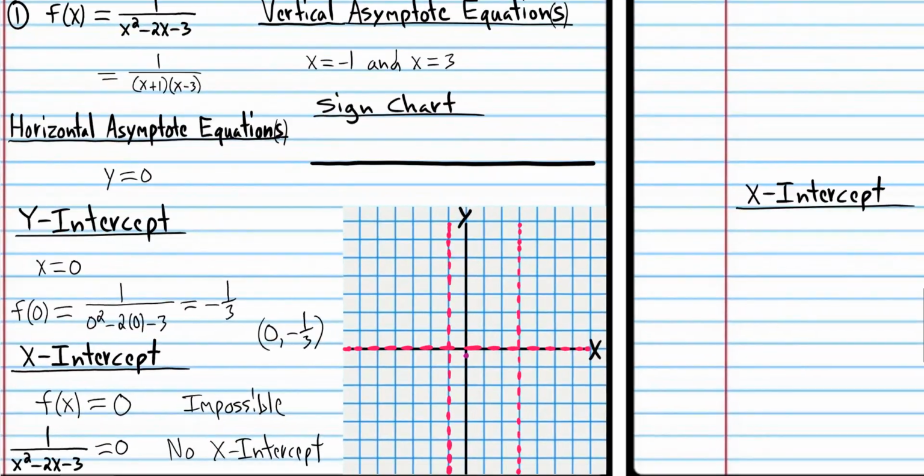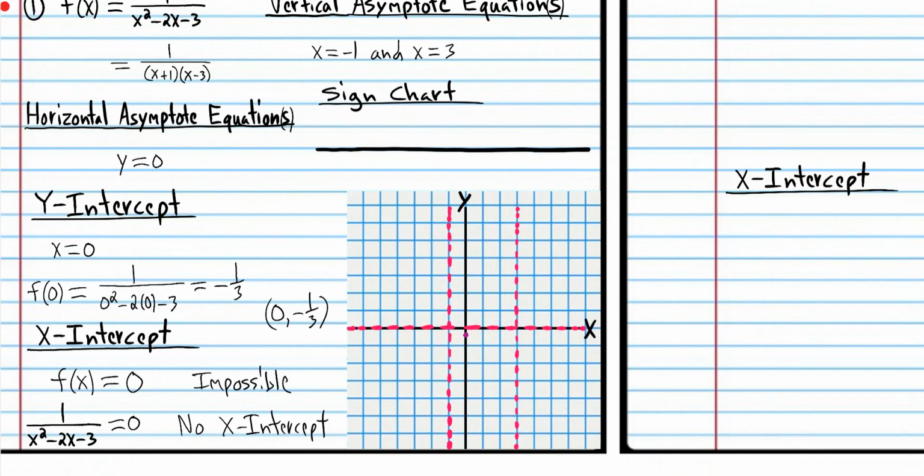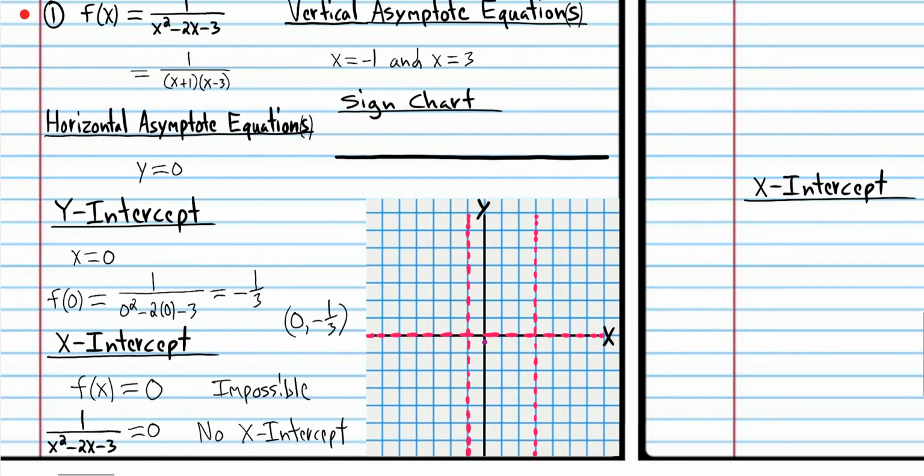So now we need to get an idea of where the graph is going to be. Let's do a sign chart. And whenever we do a sign chart, we need to mark the locations of x-intercepts. There are no x-intercepts. And we need to mark the locations of vertical asymptotes.